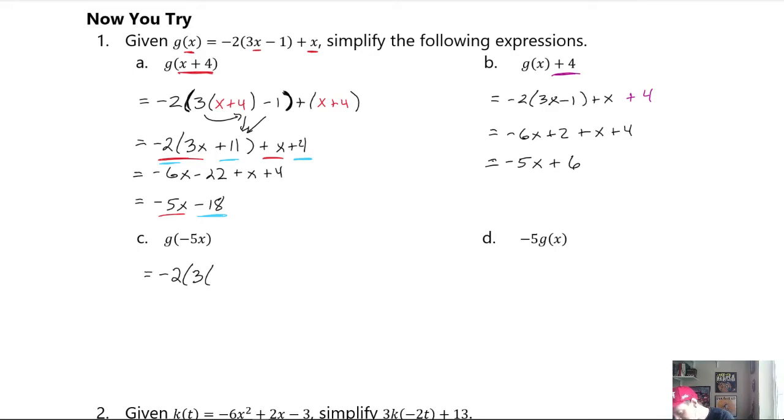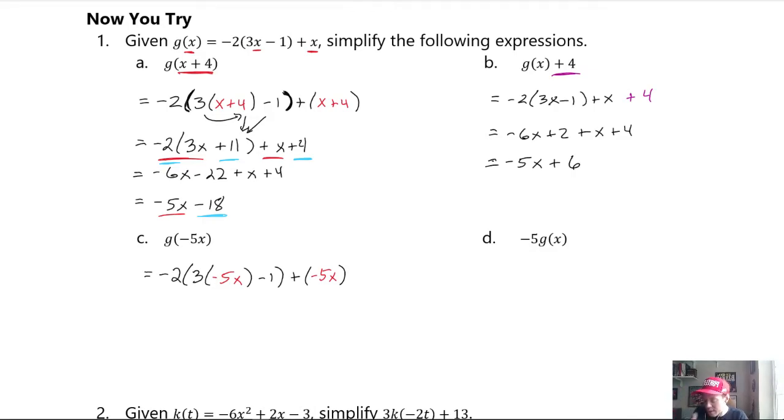And then there was an x in the original expression, so I replace that with the new input of negative 5x. Close parentheses, and then minus 1, and then plus, there was an x in the original expression again, so I'll replace that with a negative 5x again.